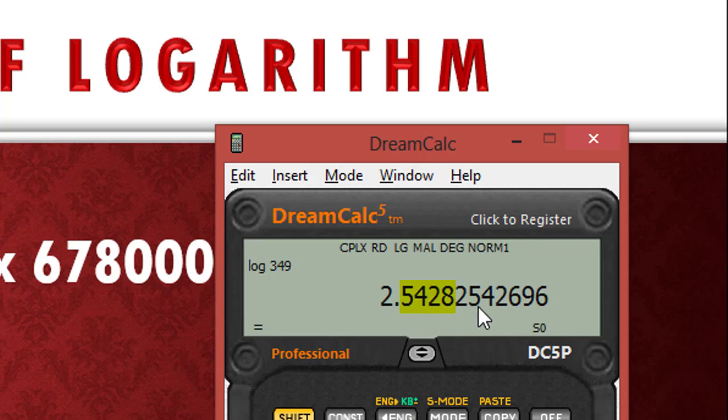So let's try to approximate. If you approximate the 5 to this 3, this 2 is going to give us 3, and approximating the 3 will give us 0. That means we still have 8 as our value here. So for the log there, the only thing we are making use of is the mantissa, which is 0.5428.